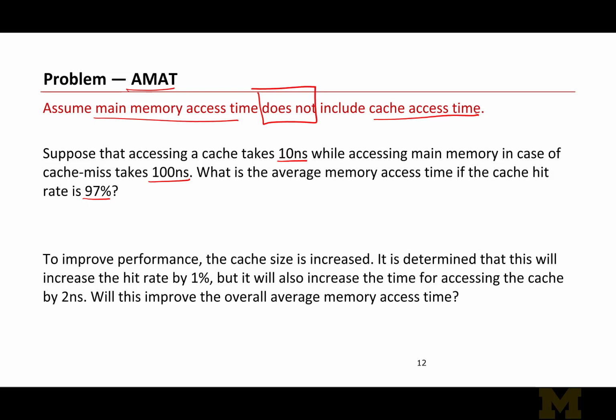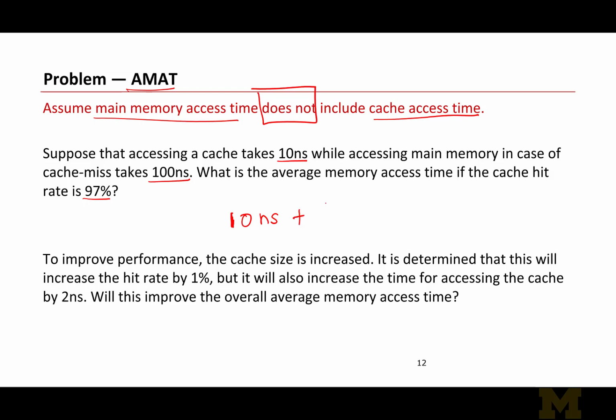So for this assumption, when the memory access time does not include cache access time, you have to think about the fact that every memory access, a load or a store, would have to first access the cache. And so irrespective of whether it's a cache hit or a miss, I need to spend 10 nanoseconds to access the cache.